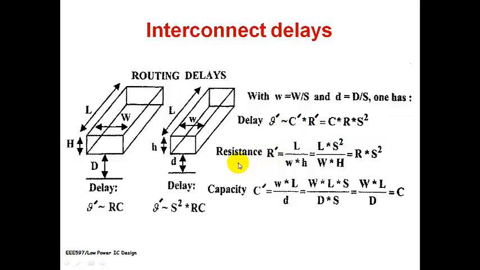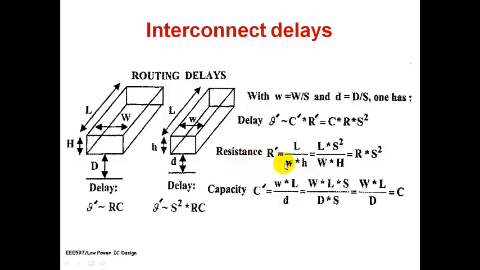And similarly, if I compare the resistance for this case, what is it going to be? This is L, so L times the unit resistance, and this is inversely proportional to W and H, the cross-sectional area. If I have more, naturally my resistance would be less, and if this is less, my resistance is going to be more.